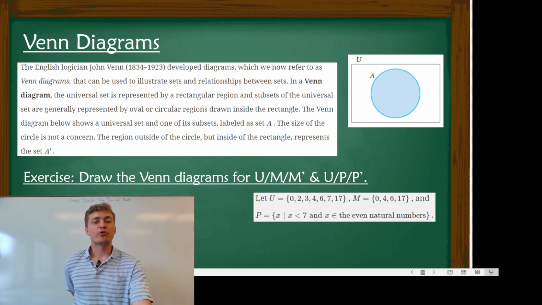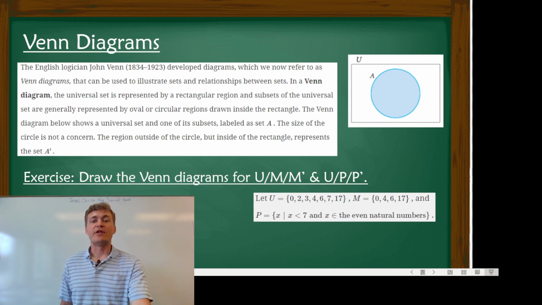An exercise that we're going to now revisit from earlier in the video is to draw a Venn diagram for each of our examples that we used. That is, for our universal set 0, 2, 3, 4, 6, 7, and 17, we defined M to be 0, 4, 6, 17, and therefore we said that M prime or M complement was 2, 3, 7.